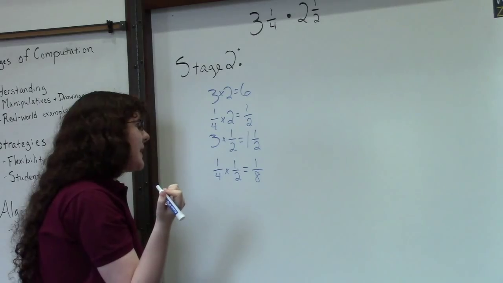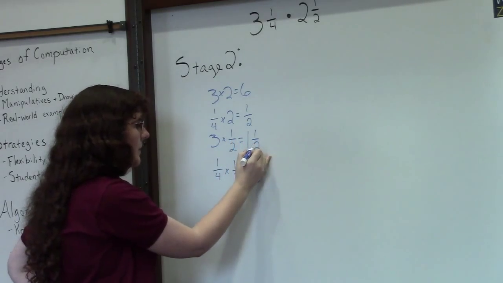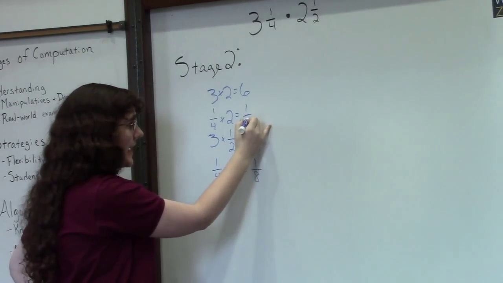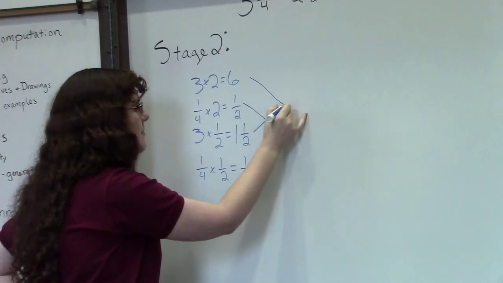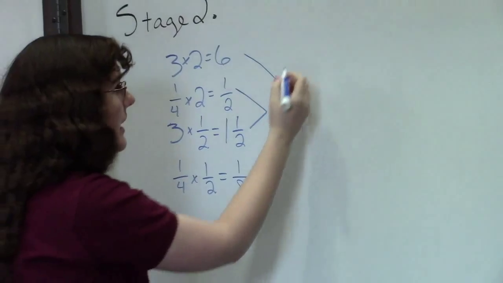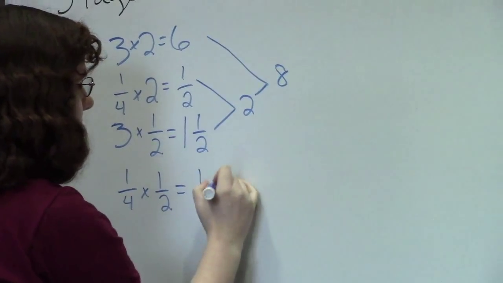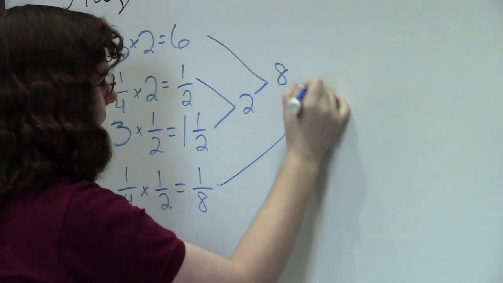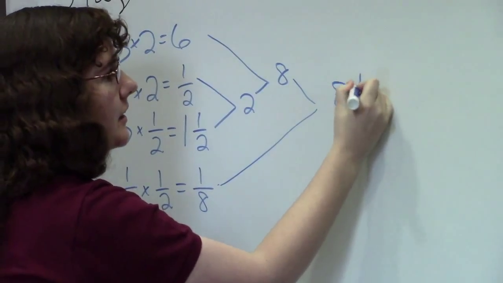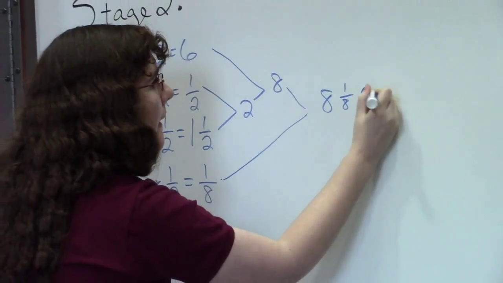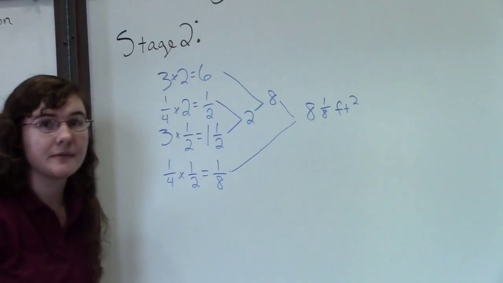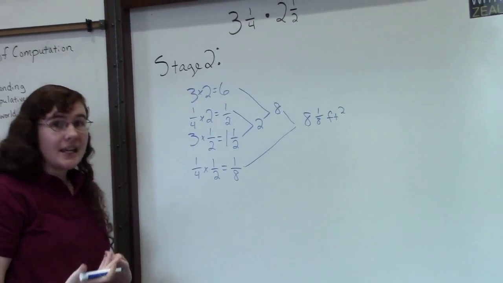And then the students might say to themselves, well, if I've got 1.5 and an extra 1/2, let's make that be 2, and maybe add our whole numbers together and get that to be 8. And then 8 and an eighth. And then going back to the original problem, that it was square feet. This way didn't take as long.